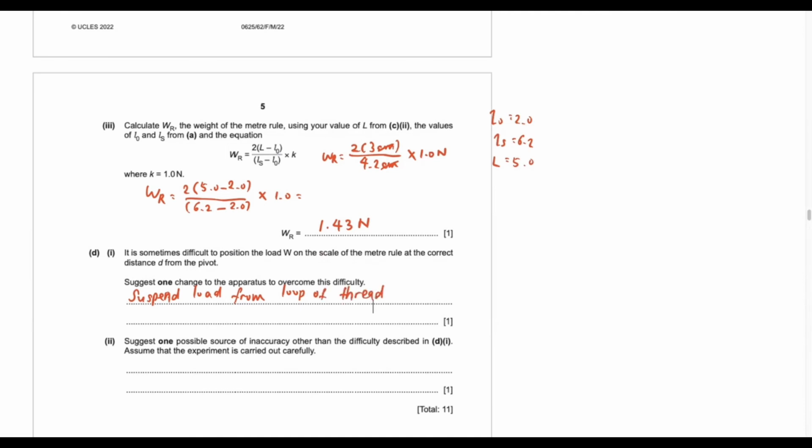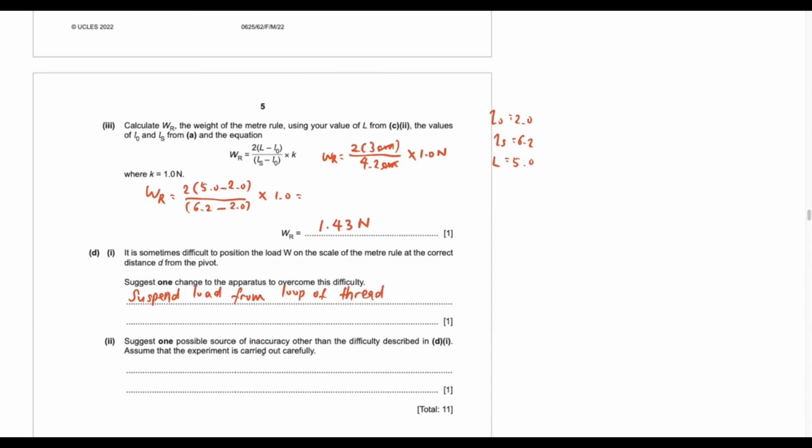You use thread to hold the load, avoiding it from sliding. Or maybe you can put a little bit of plasticine or cellophane tape to hold it. That's fine also. Part 2, suggest one possible source of inaccuracy other than the difficulty described in D part 1. Assume that the experiment is carried out carefully.